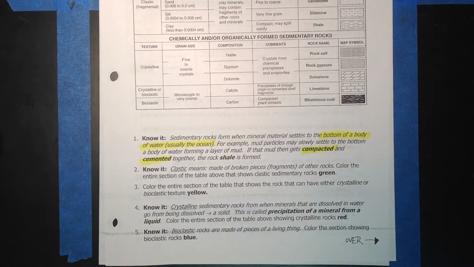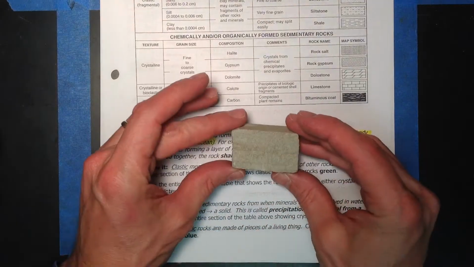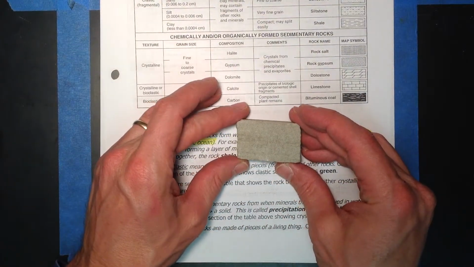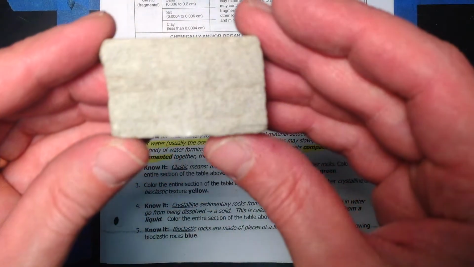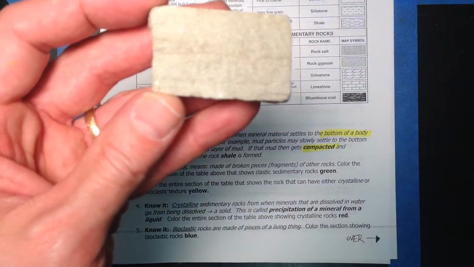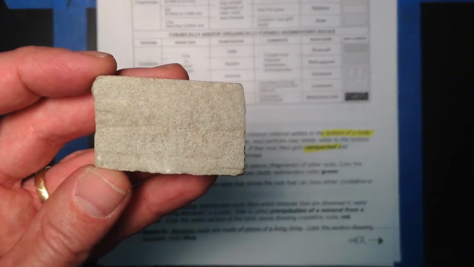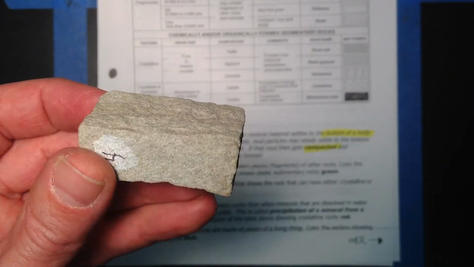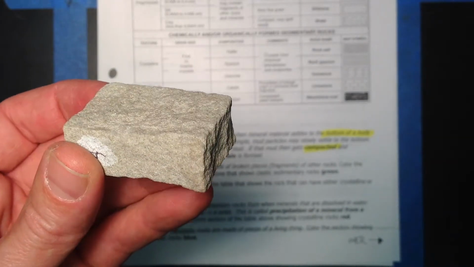If it was sand that falls to the bottom and then it gets compacted and cemented, it would be a rock like this. Okay, sandstone. Not sure how well you can see the sandy texture of that. That's pretty good. You can kind of see it. So that would be sandstone.